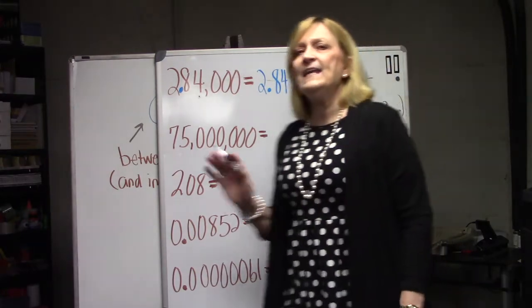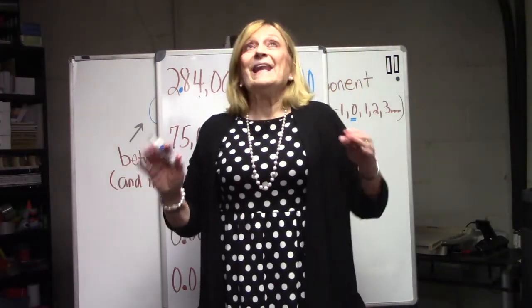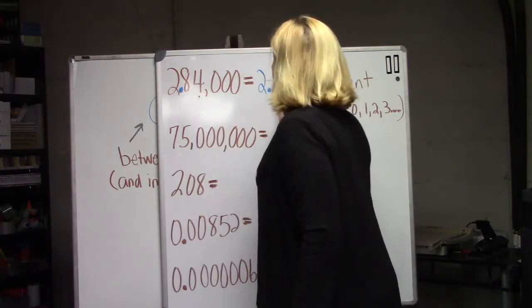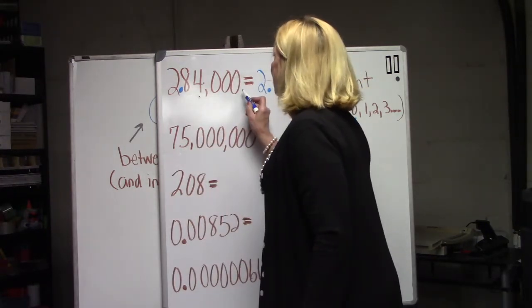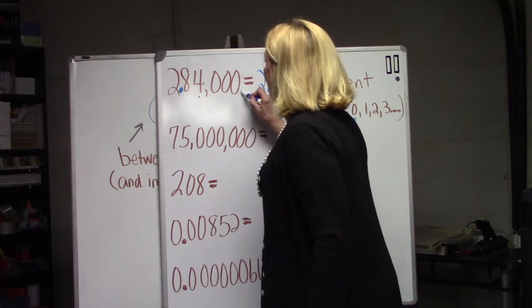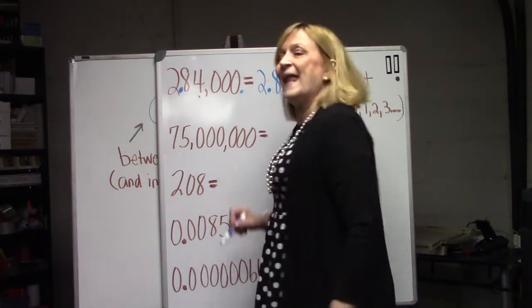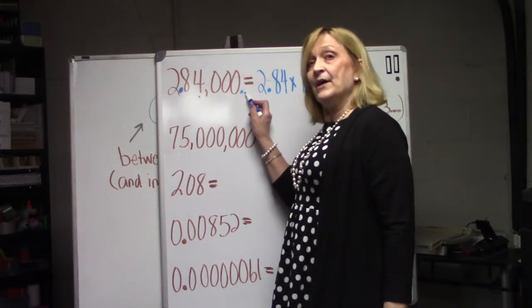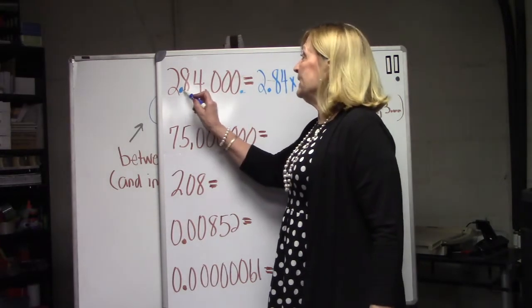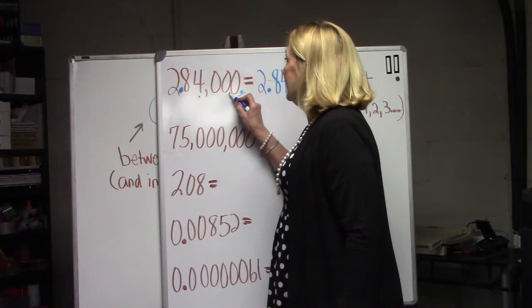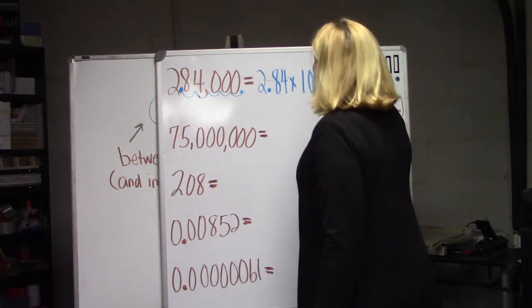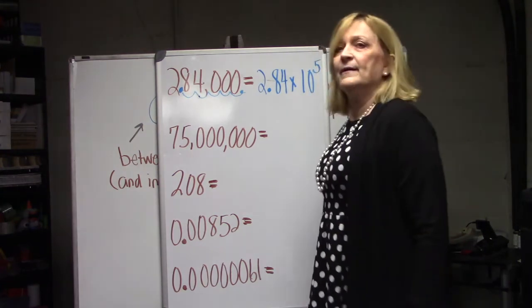And I know how many places I'm going to raise my power to by counting how many places my decimal, which was originally here, had to move to get to here. So let's count 1, 2, 3, 4, 5. So it's going to be 10 to the 5th power.